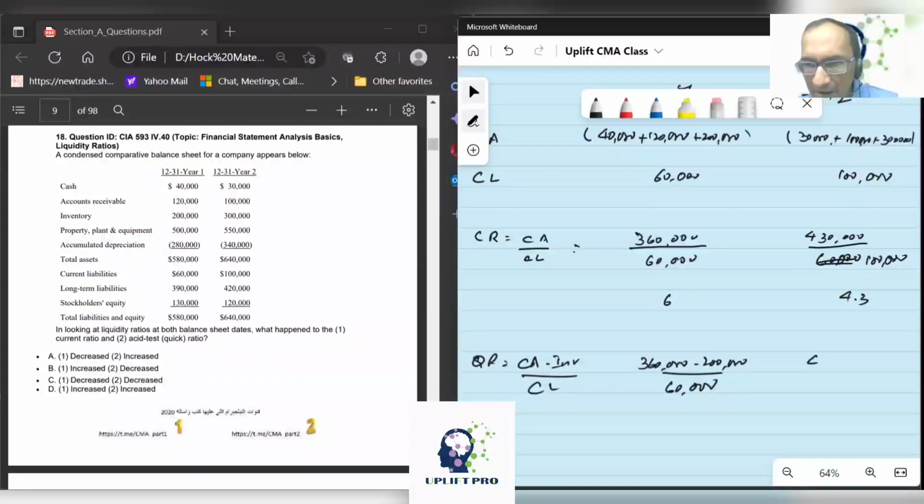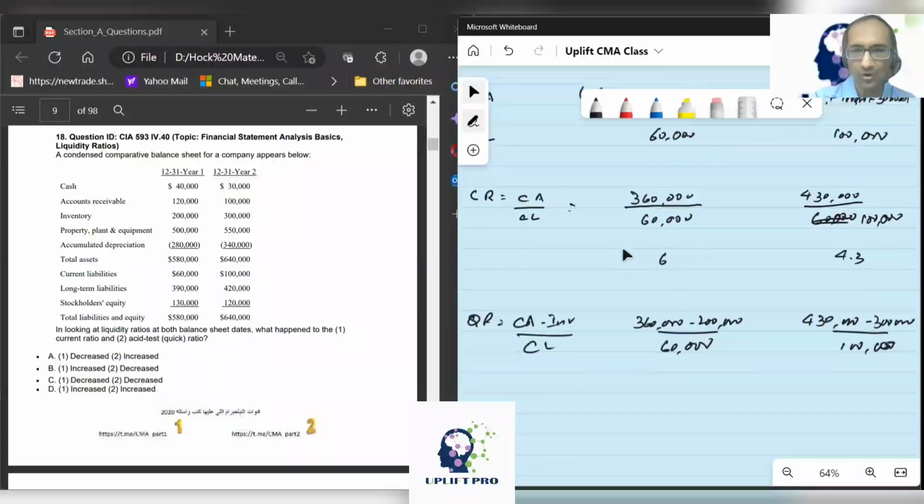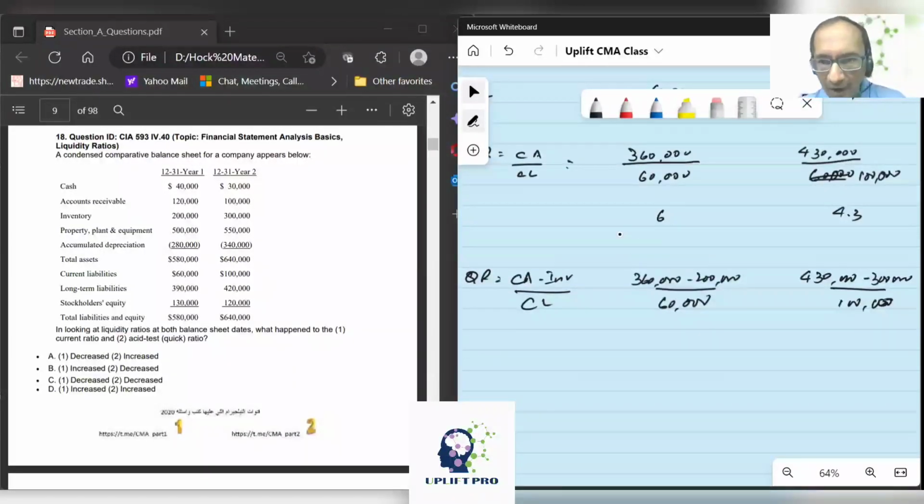And in year 2, it is 430,000 minus inventory of 300,000 divided by 100,000. So you have 160,000 divided by 60,000, and you have 130,000 divided by 100,000.